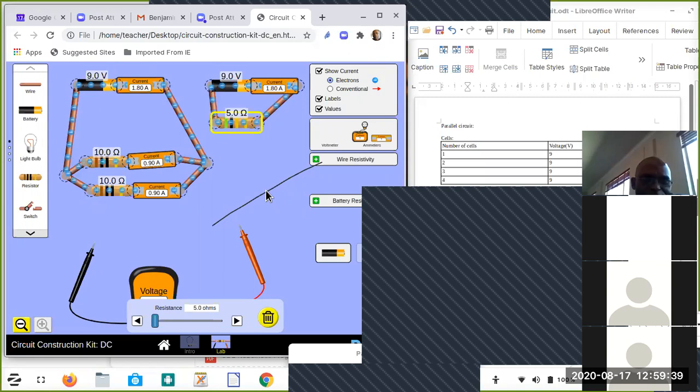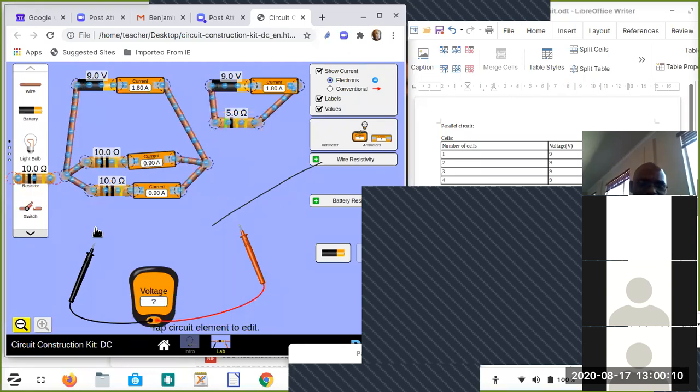Now, I'm going to connect the third one. Let's find out whether the resistance is going to be further reduced, lower than 5? Because we are saying the more resistors that you connect parallel to each other, the lower the resistance, and the higher the current, isn't it? Let's find out whether that is true or not.